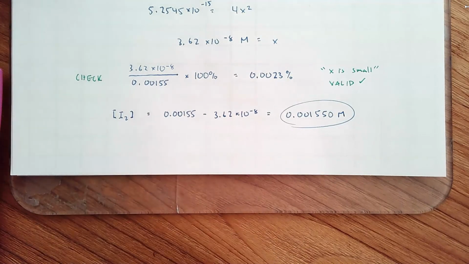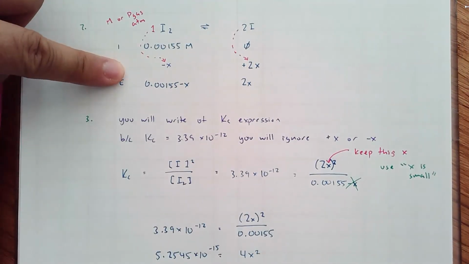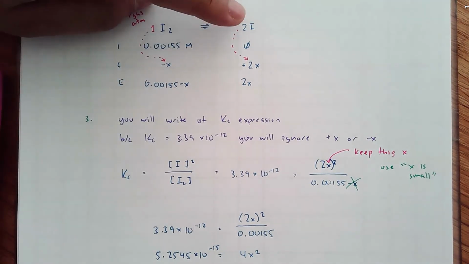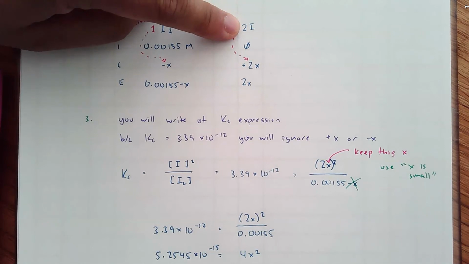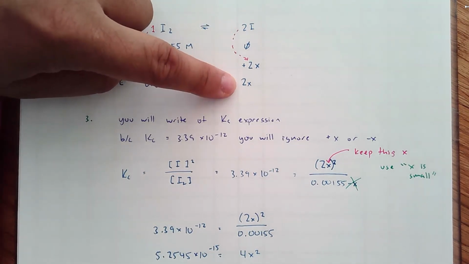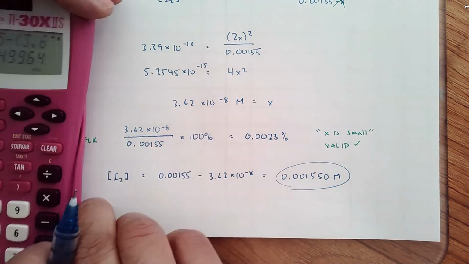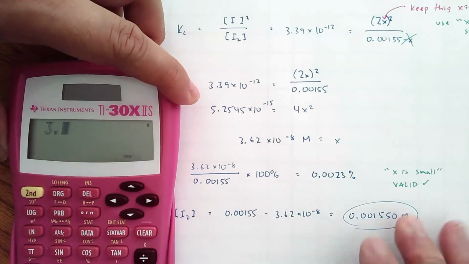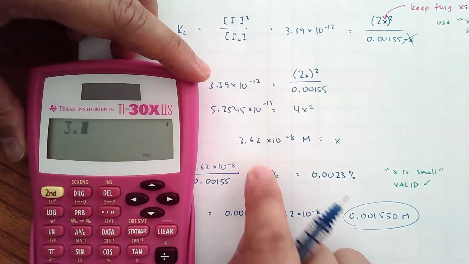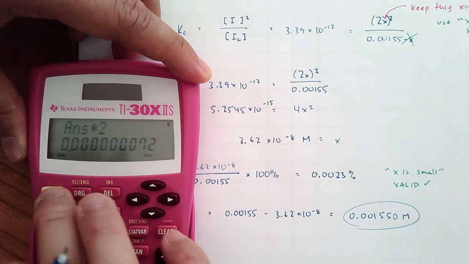Now, yes, it does look like it didn't change, but we're still going to get a change for atomic iodine. We're going to get X, and we're going to multiply it by 2. So let's just multiply that by 2. 3.62 times 10 to the minus 8 times 2, scientific notation.